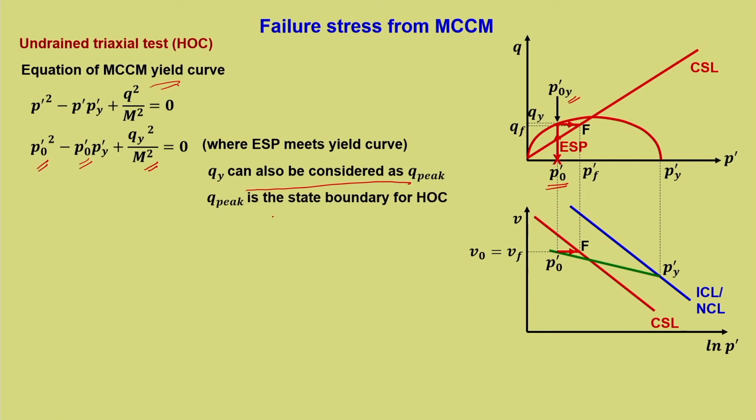Now, keep in mind Q peak is the state boundary for heavily over consolidated soil. You might be remembering this very well, like in our previous lectures we have discussed with respect to peak point for a heavily over consolidated soil. So, what happens, the soil, the stress strain response increases, it reaches the maximum, that is the peak point, and then strain softens.